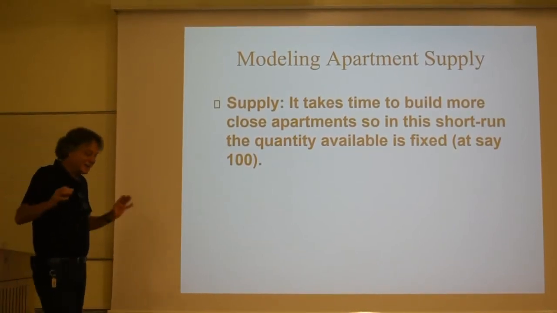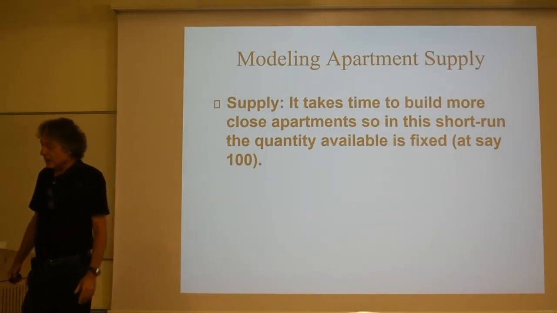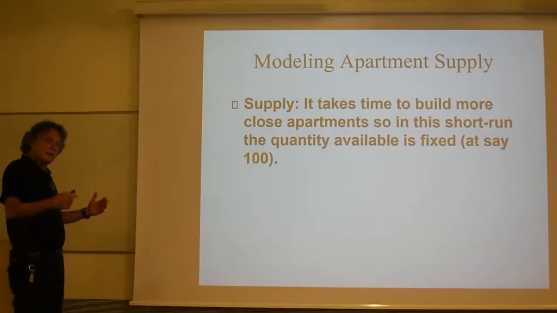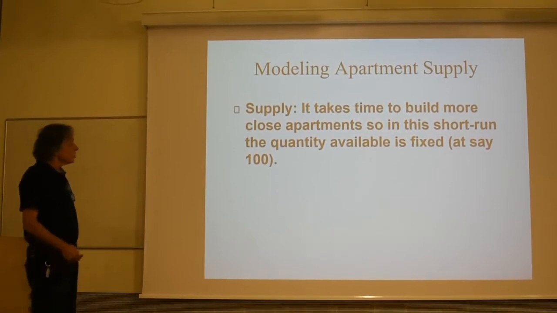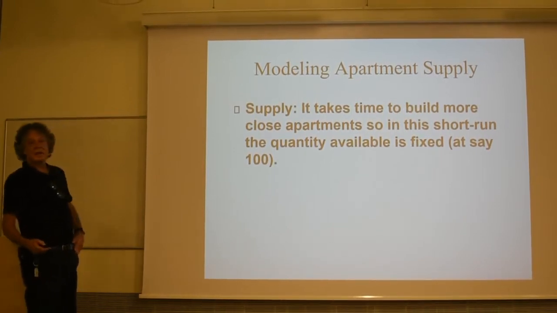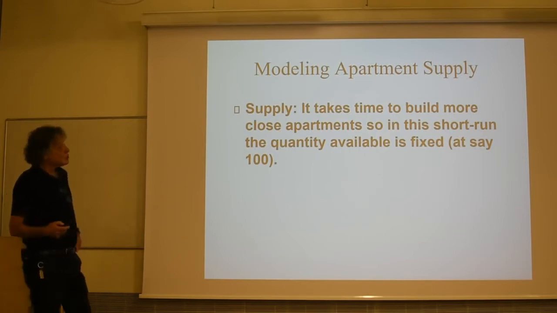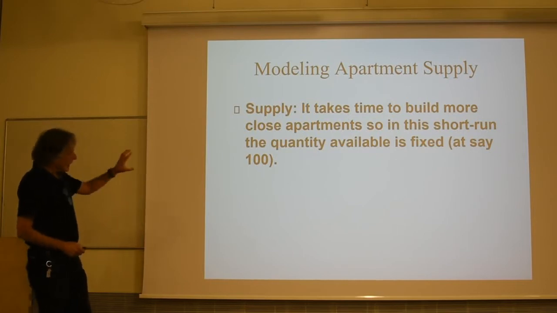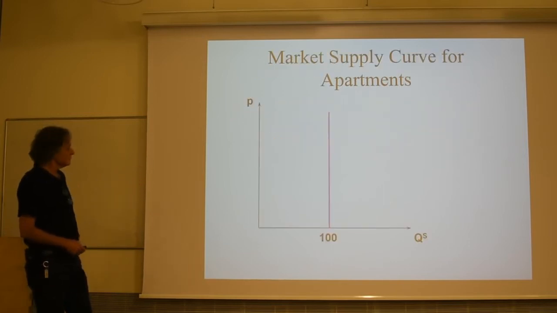So there are 100 closed apartments, and this is fixed, you cannot change it. In the long run, depending on the price they would be able to get as a rental, or if the demand starts going up, they may build more. But for the time being, the supply is fixed at 100.